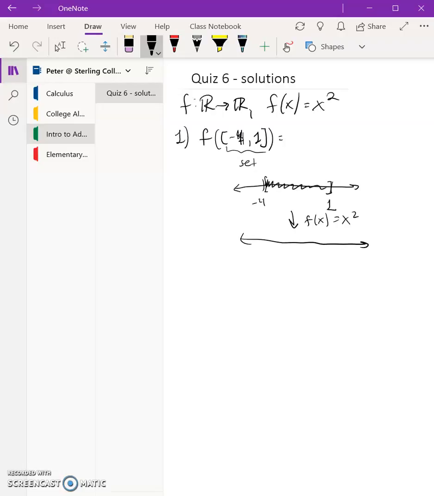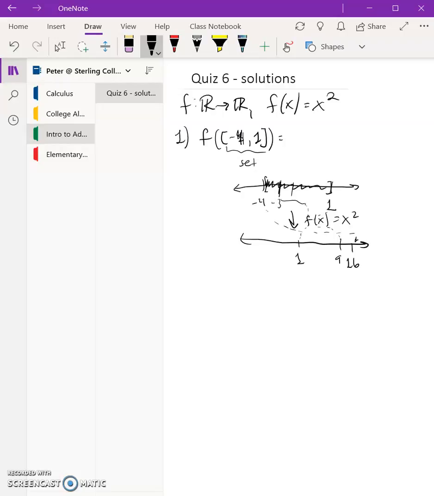So if you think about where -4 is going to go, -4 is going to go all the way to 16. If you think about where 1 goes, 1 is going to go to 1. So you know then that at least 1 and 16 are in there. Now you start to find other numbers that fall in between. Say -3, you see is going to be mapped to 9.